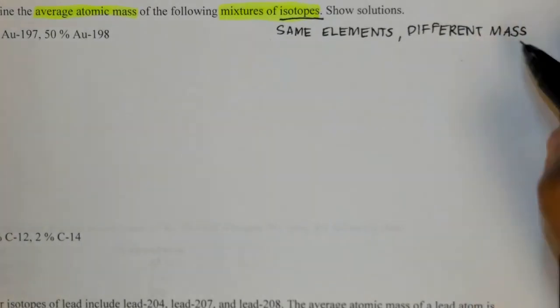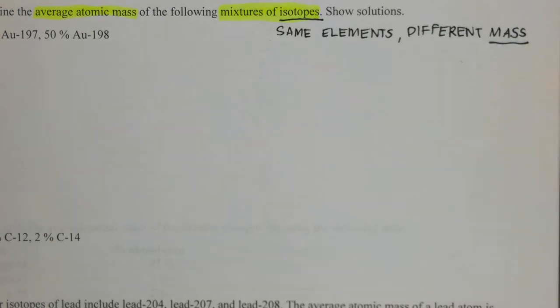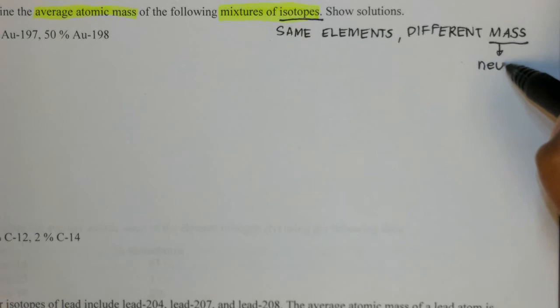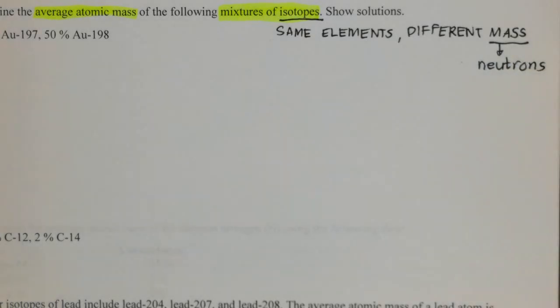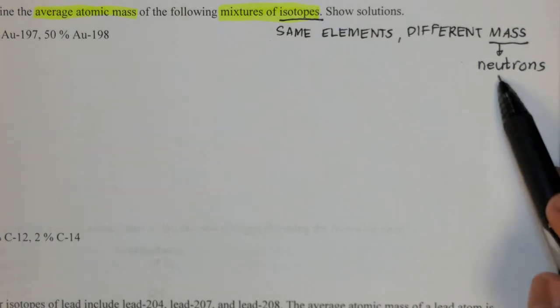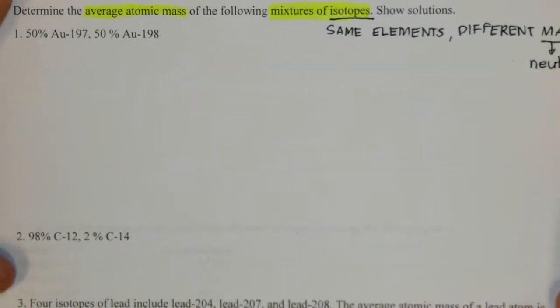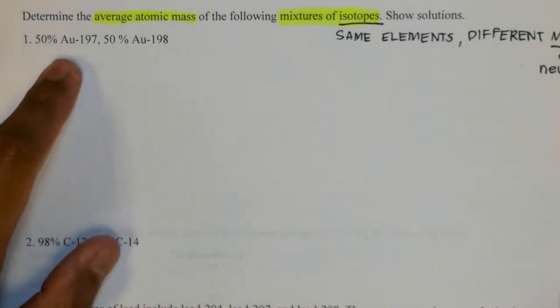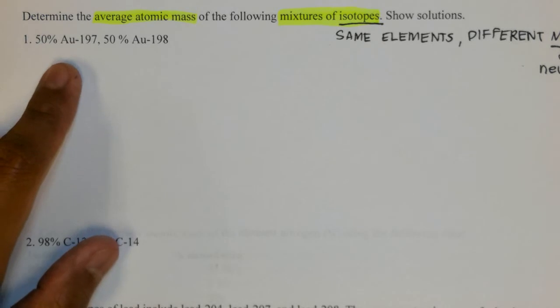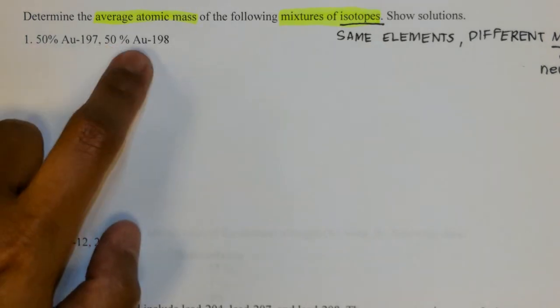And the cause why your isotopes have different mass is because of the number of neutrally charged neutrons. So the different mass is due to the different number of neutrons. Okay? So if you're gonna look at our first example here, our first item, we have Au and Au.